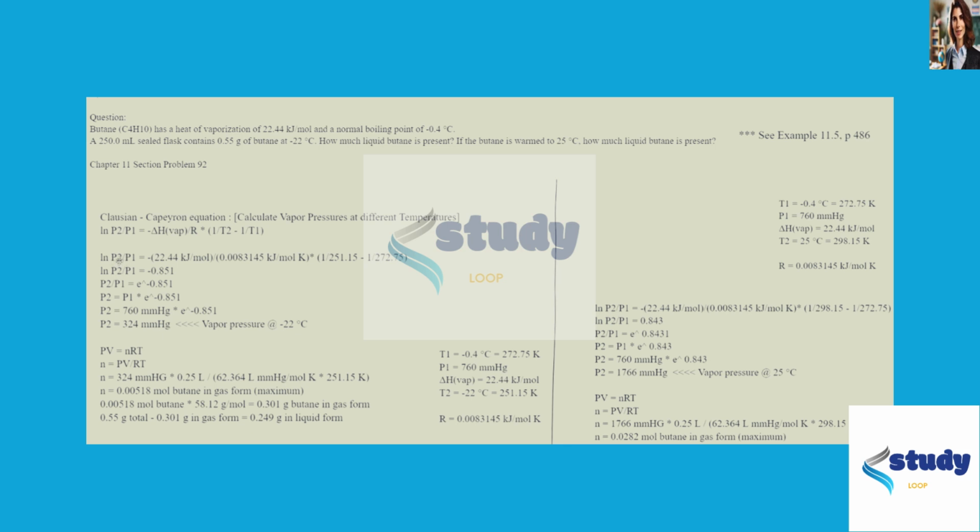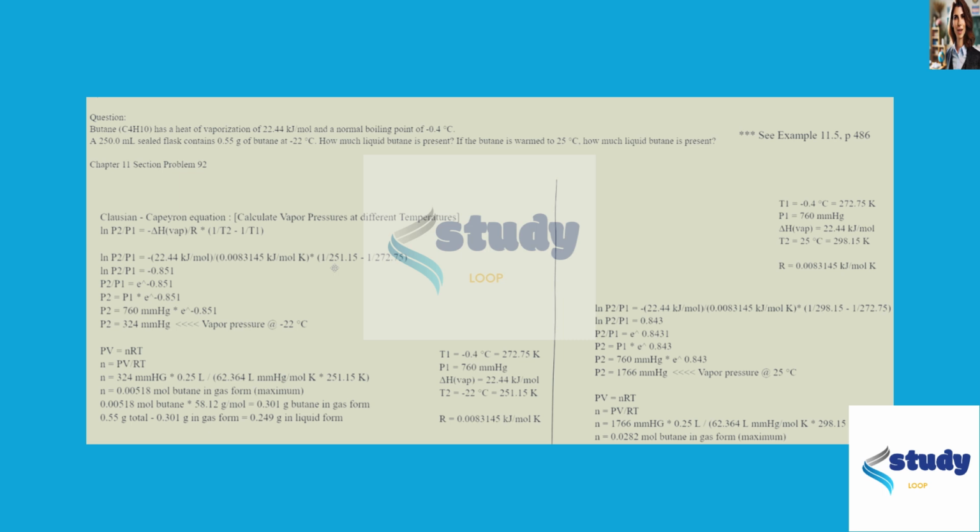So the natural log of P2 over P1 is going to equal, like I said, this. We can plug in the heat of vaporization, which is 22.44 kilojoules per mole, and divide that by our gas constant, R, 0.008345 kilojoules per mole per K, and then multiply that by 1 over T2.